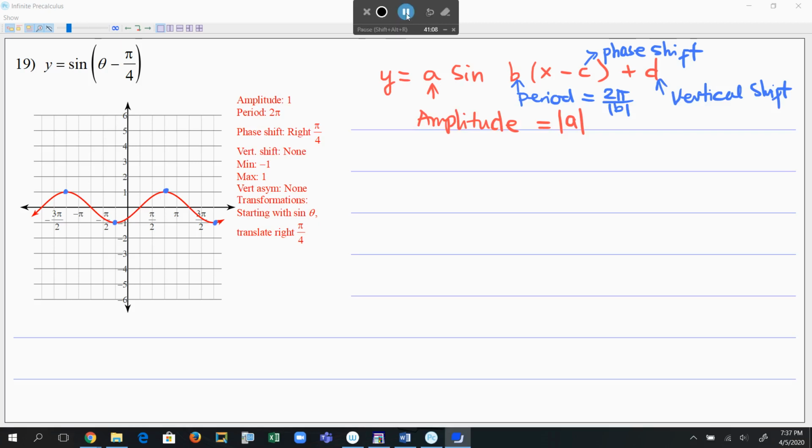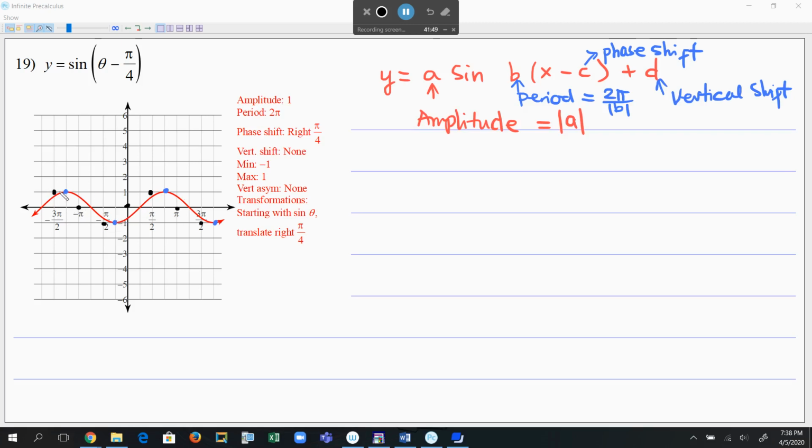The parent graph starts right here: 0, 0, pi over 2, 1, pi, 0, 3 pi over 2, -1, and then 2 pi, 0.